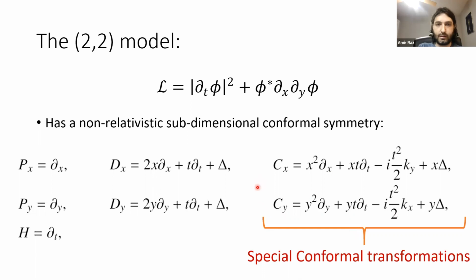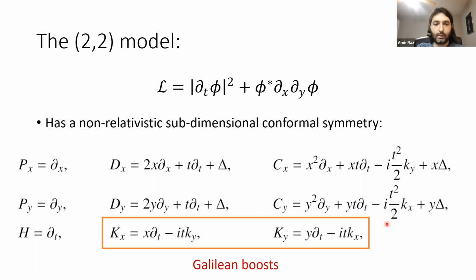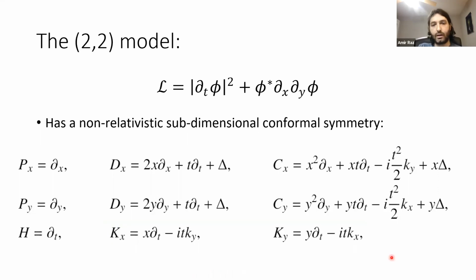And this is just implementing the special conformal transformations of the symmetry of a free scalar field in 1+1 dimension, a free non-relativistic field in 1+1 dimensions. And then we also have the Galilean boosts, because this is a non-relativistic field theory. And those are all our conformal symmetries.